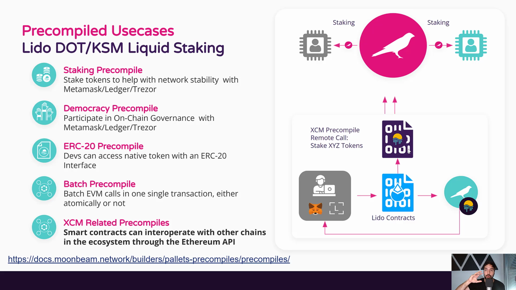The cool thing that this allows is that a person signing a transaction with their MetaMask on Moonriver or Moonbeam is actually staking on a completely separate blockchain. And this is all guaranteed by this interoperability protocol called XCM. So yeah, you can do very advanced stuff with the precompiles.